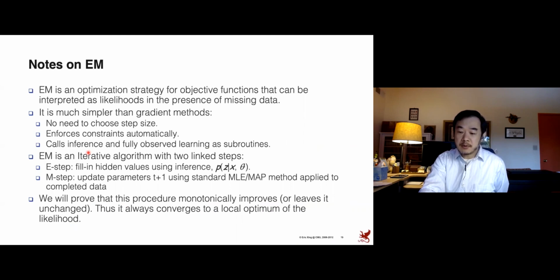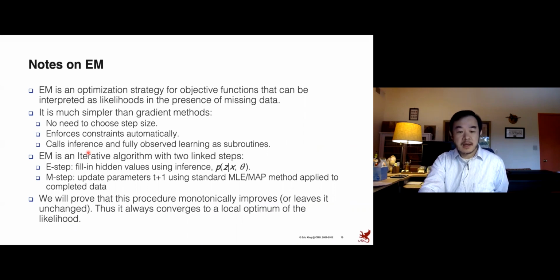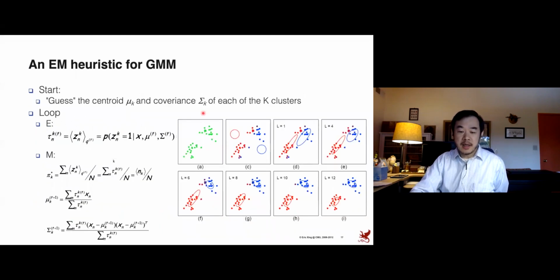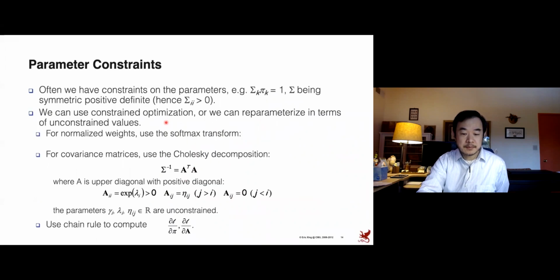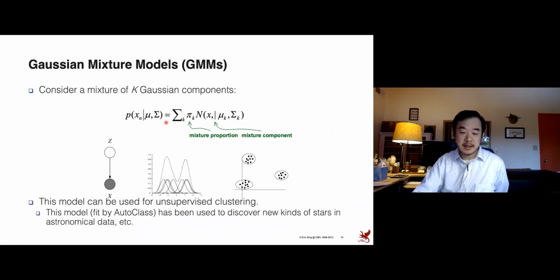Is this whole thing going to converge, or is it deterministic? Well, certainly not. Depending on your initialization and how you pick the initial assignments, it is very possible that you will get different convergence. Because this entire likelihood function, let's go back to this, the mixture model likelihood function, is not a convex one.